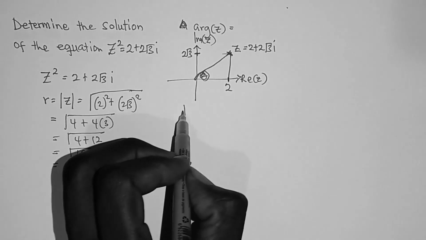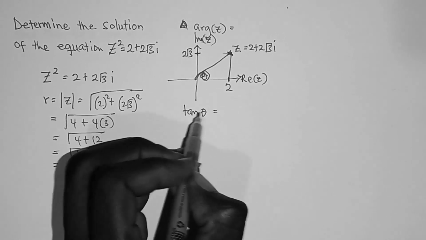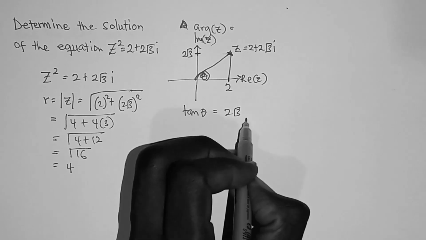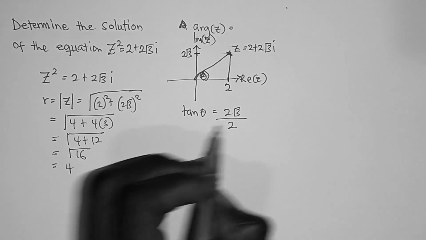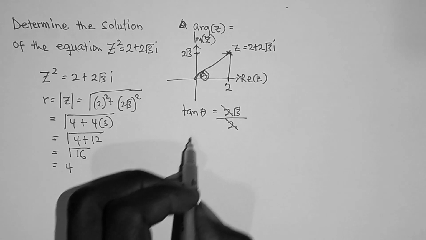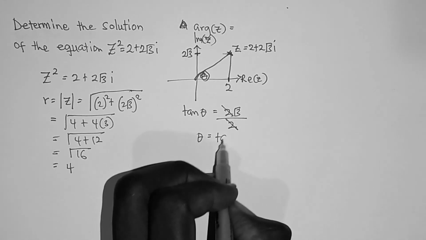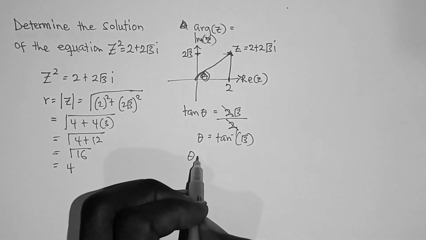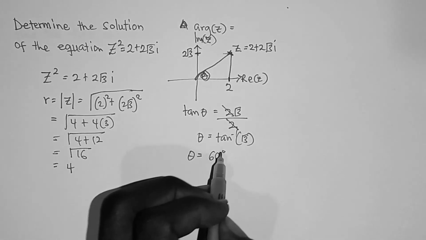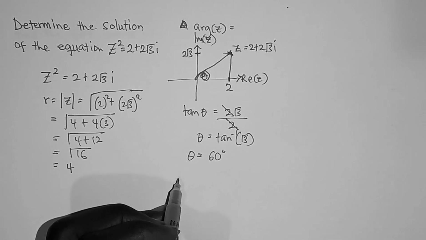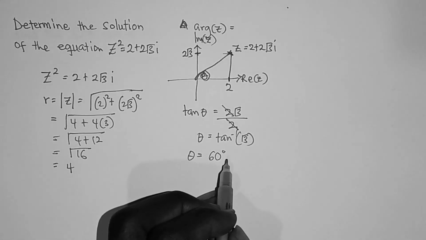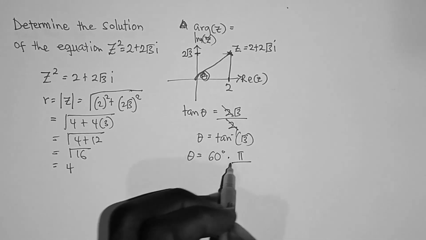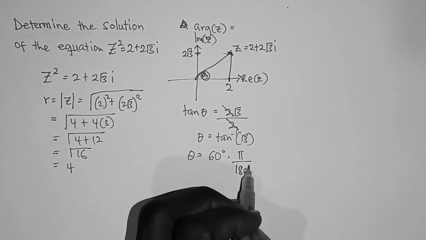So you can see that tan theta is equal to opposite, and the opposite is 2 root 3, over adjacent, and the adjacent is 2. So these 2 and 2 can cancel. So theta is equal to tan inverse of root 3, and therefore theta is equal to 60 degrees. But we need to convert theta into radians, and we do that by multiplying by the factor pi over 180 degrees.